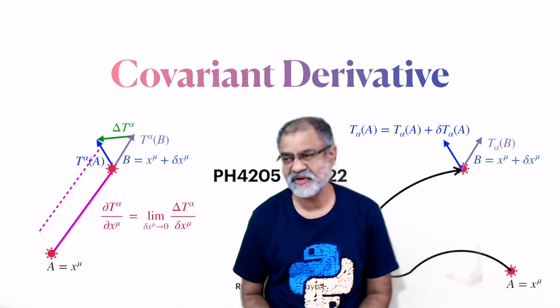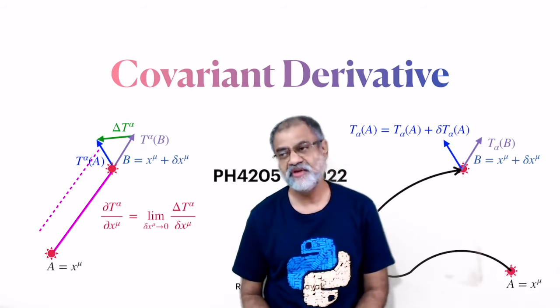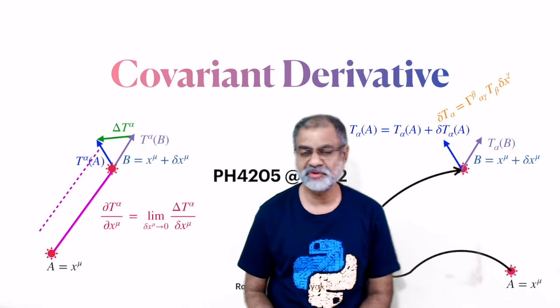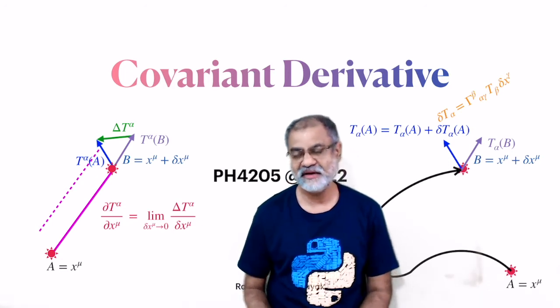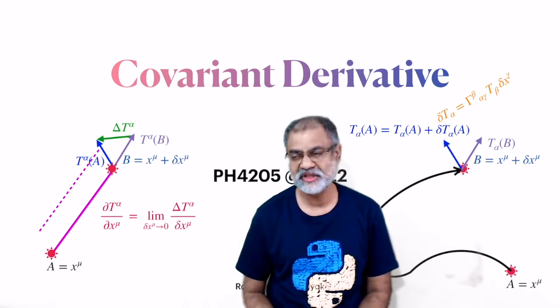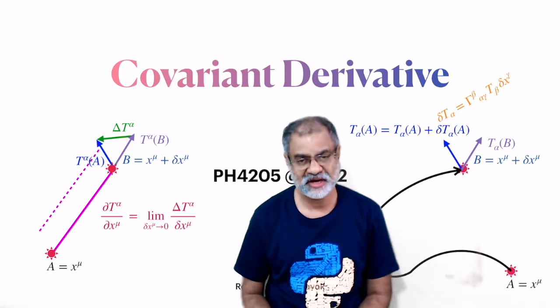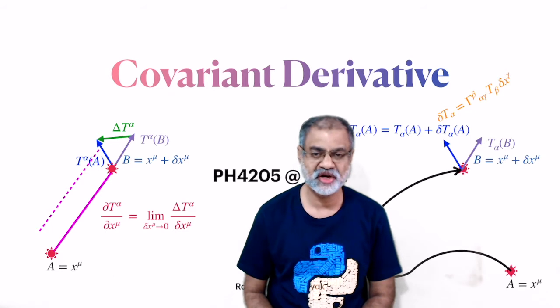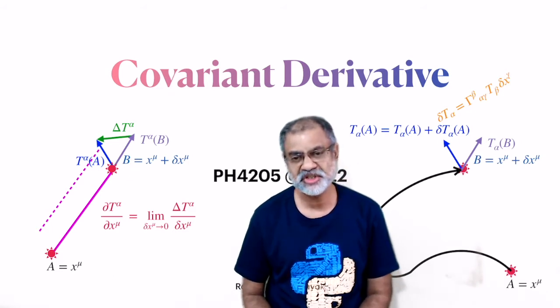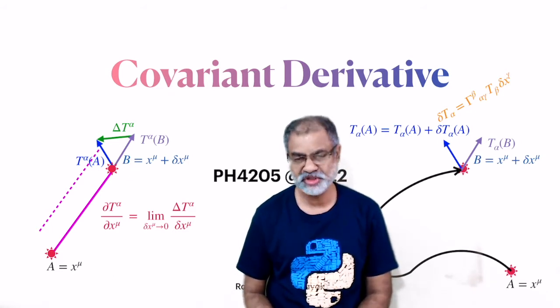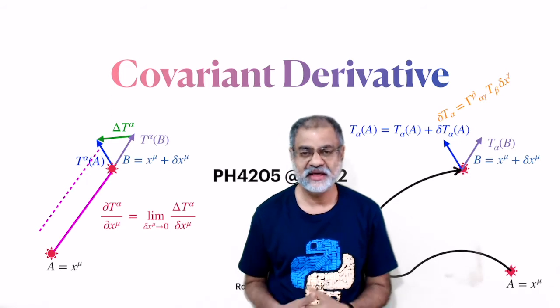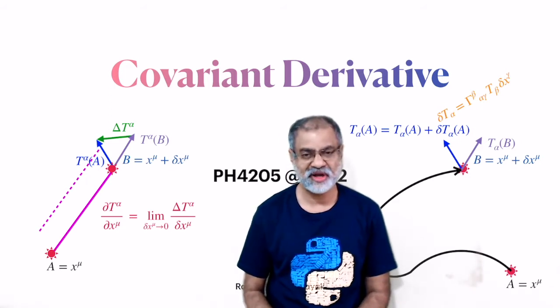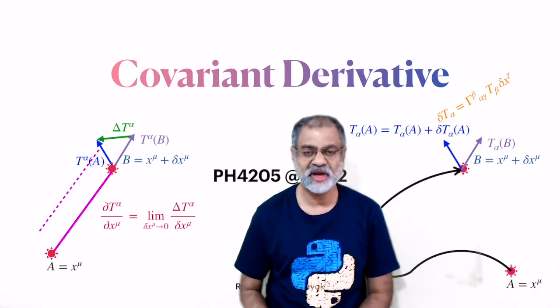We have seen that for a sufficiently small curve, we can assume the change to be linear in the separation between the points, and we can also take it to be linear with respect to the vector itself. So this leads to the connection coefficient, which takes all the linear combinations of these. This connection coefficient itself may depend on the position, and this is how you take a vector from one place to another place and then you can do all the operations.